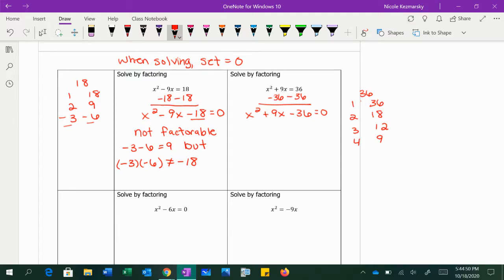But 3 and 12 looks like it'll get me 9 if I do -3 and plus 12. And sure enough, -3 times +12 does get me -36. So we can go ahead and say x minus 3 and x plus 12 equals 0. So x minus 3 equals 0 and x plus 12 equals 0. And if we do opposites, x equals 3 and x equals -12.